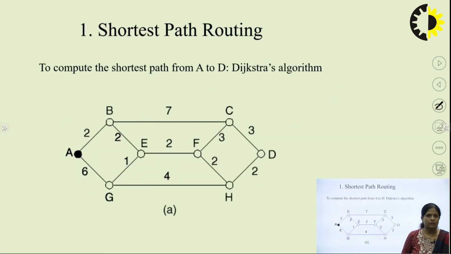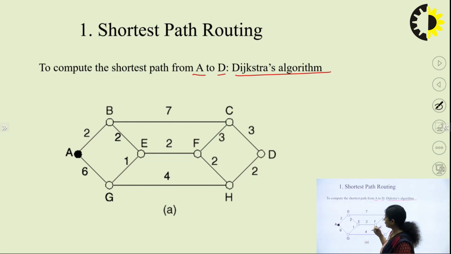Now we will be starting with the routing algorithms. First is shortest path routing. To compute the shortest path from A to D, where A is our source and D is our destination, we will be using Dijkstra's algorithm. We need to opt for the shortest path.